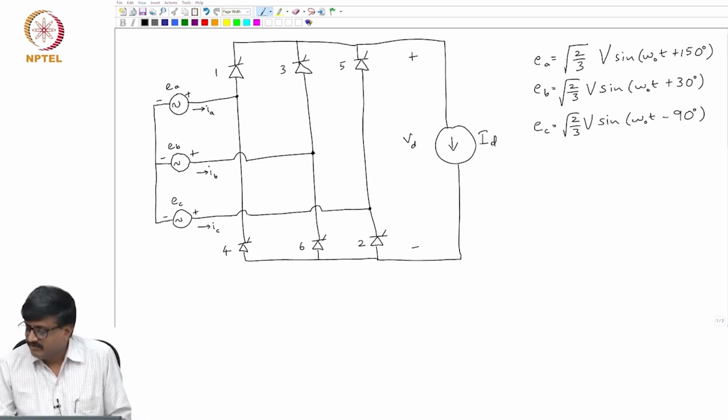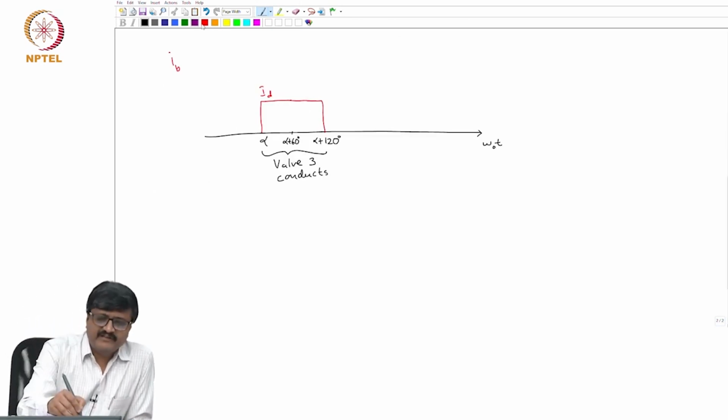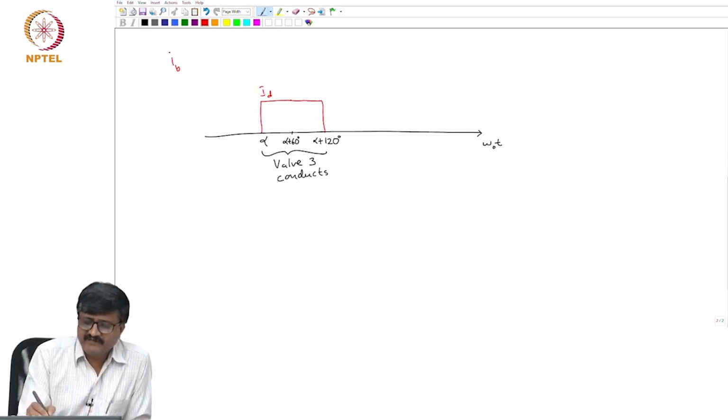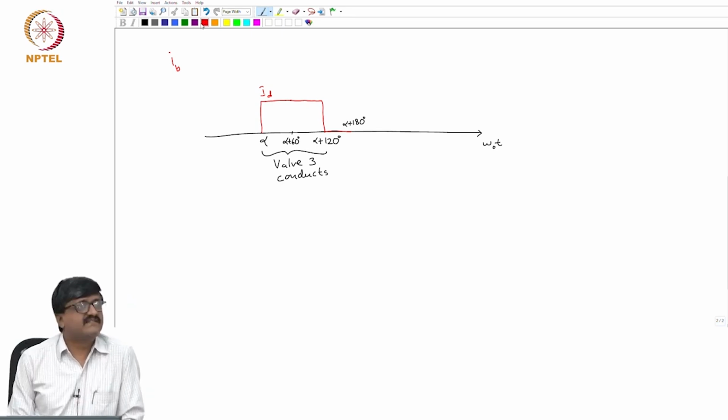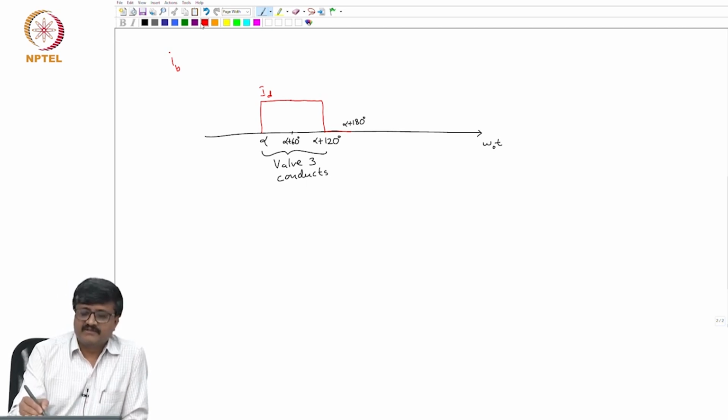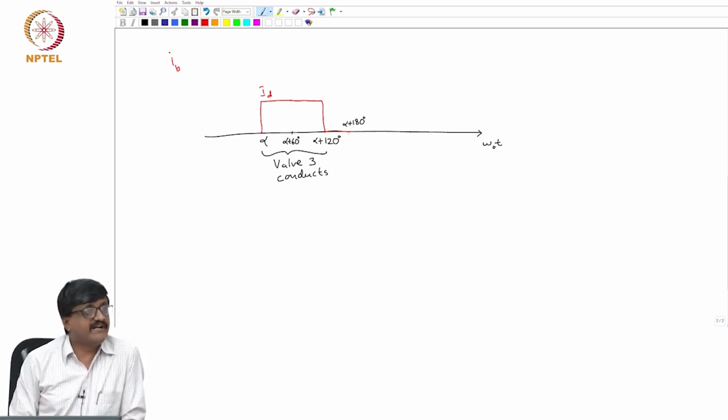So, if I want to plot the waveform of IB from alpha plus 120 for a duration of 60 degrees, suppose this is alpha plus 180 degrees. Up to alpha plus 180 degrees, IB is 0. At alpha plus 180 degrees, which thyristor valve is turned on? 6.